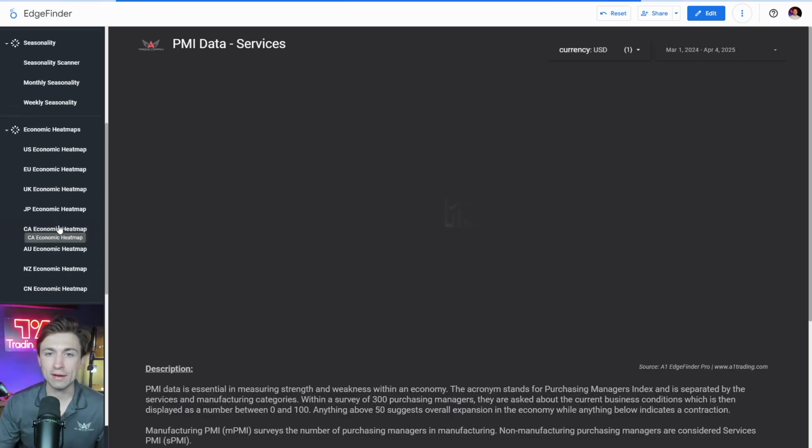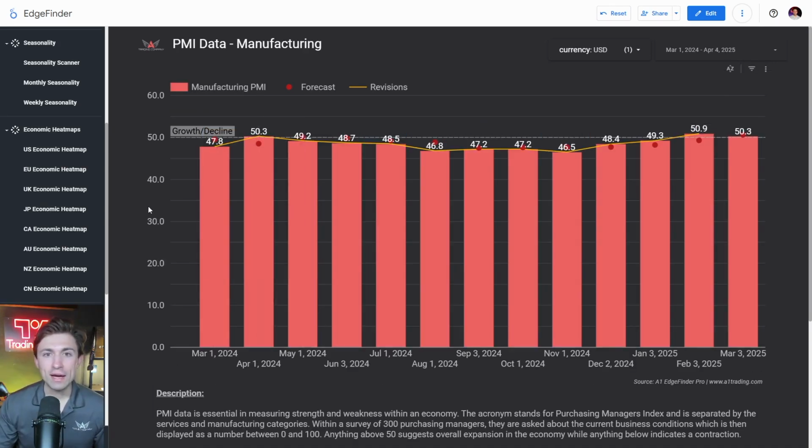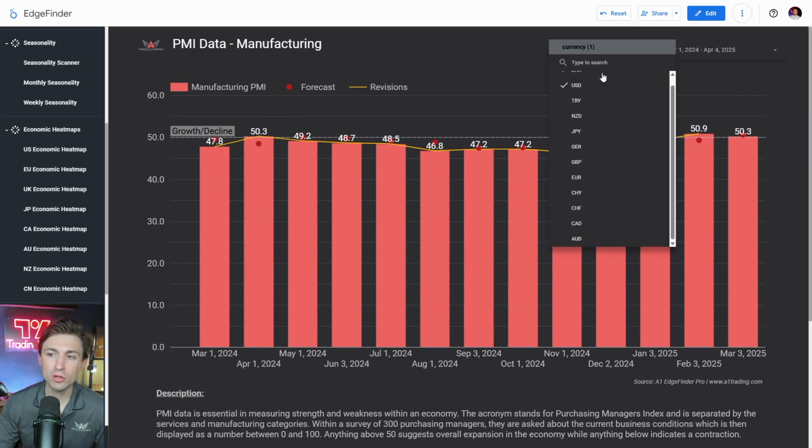But of course, we have this for everything. Here's the services PMI data showing you again, whether or not it is exceeding, hitting, or missing expectations. And we've also added revisions to this data to see any revised data points that come in each month. We of course also have this for manufacturing PMI, showing you how the manufacturing component of the economy is doing. We also have this for all different currencies.